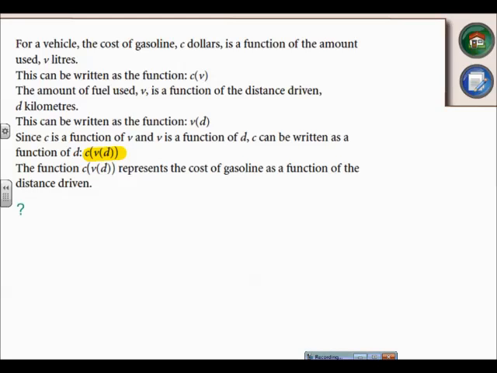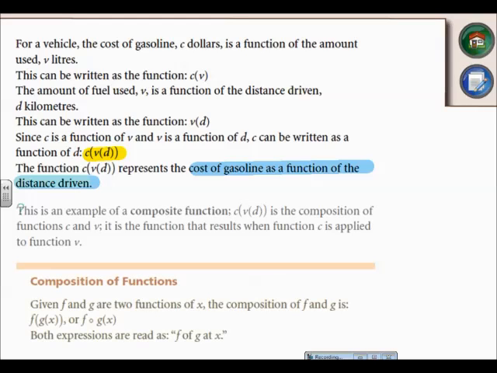So what we've got there with this new fancy crazy thing is just saying the cost of gasoline with respect to the distance you've gone. It'll become a lot clearer when we actually look at equations and numbers. This leads us into notation, though, for compositions.